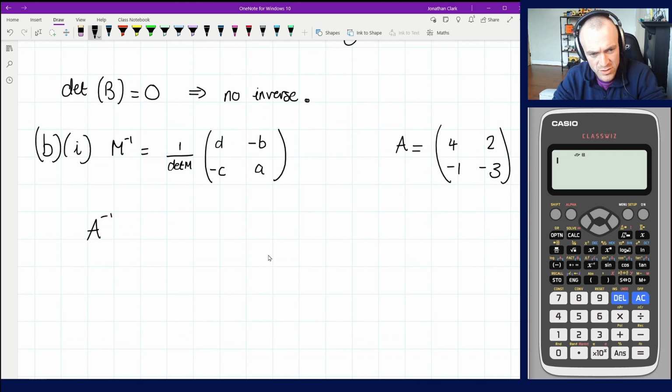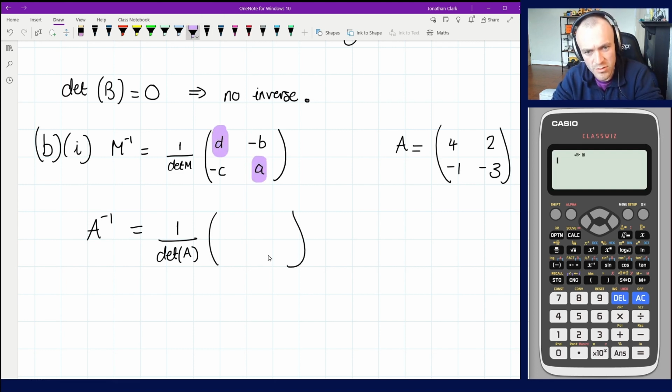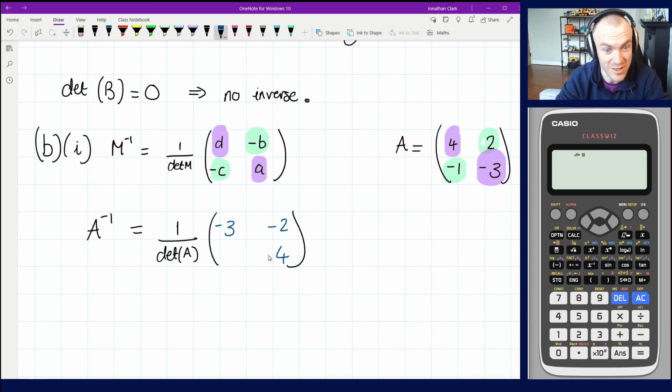So A inverse is going to be 1 over the determinant of A, and I'm going to need to swap these elements. Positions of the 4 and the -3 are going to change around. And these elements have their signs negated. The 2 and the -1 stay in place, but they become a -2 and a -1, which is a +1, of course.